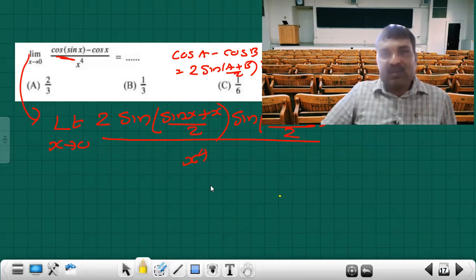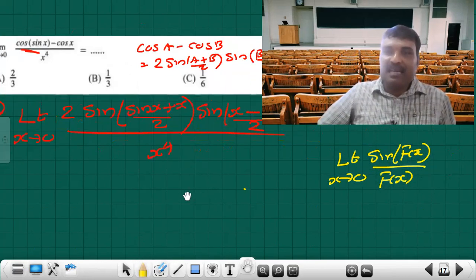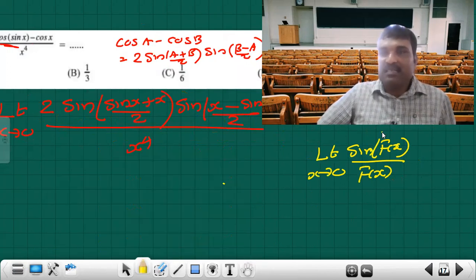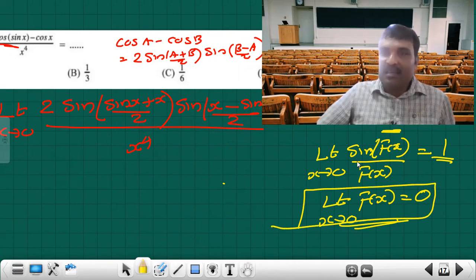And we know that limit x tends to 0 of sine of some function f of x divided by f of x, where the angle inside is some function of x, is equal to 1. The condition is that the limit as x tends to 0 of f of x should be 0.